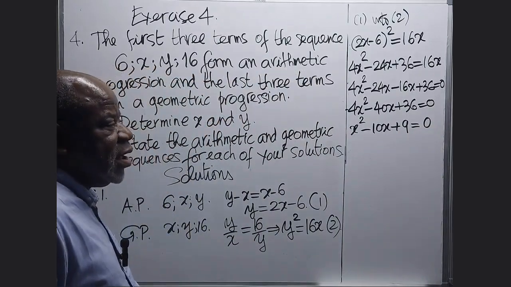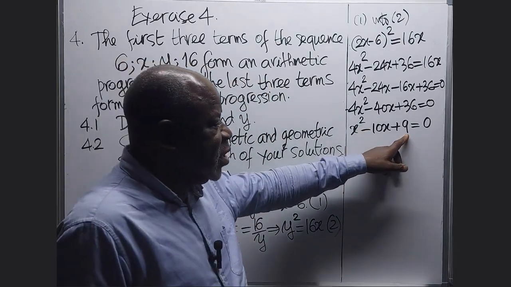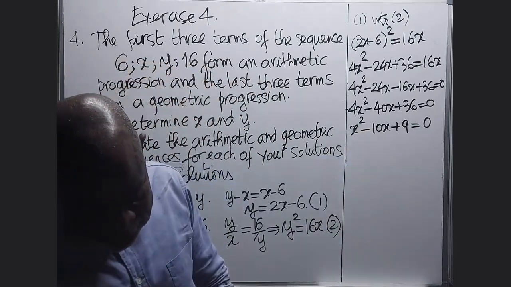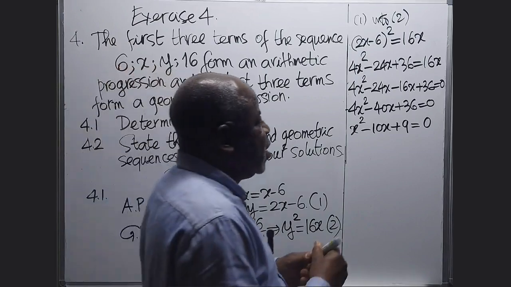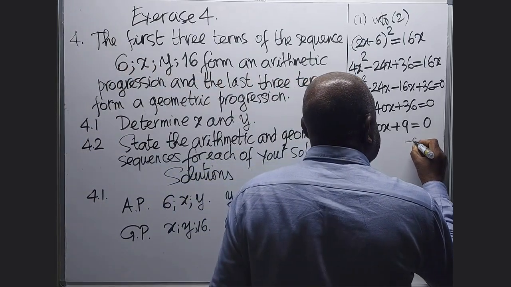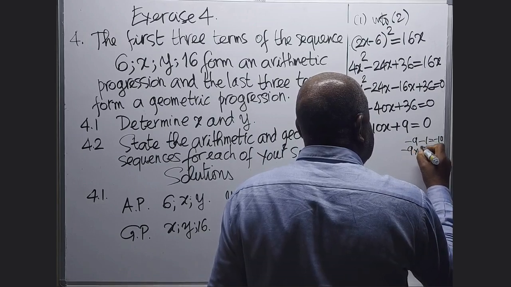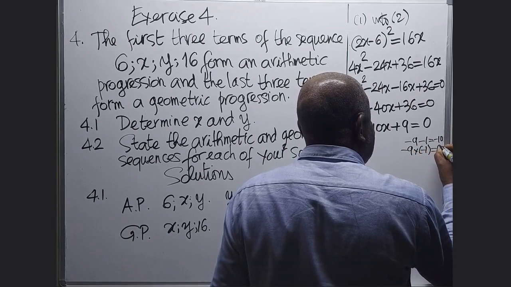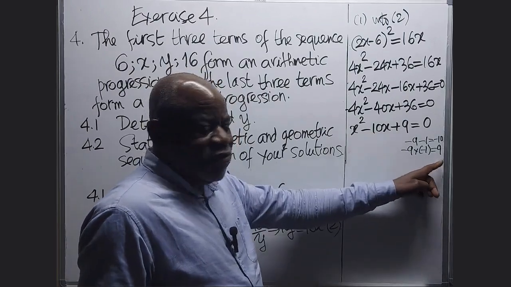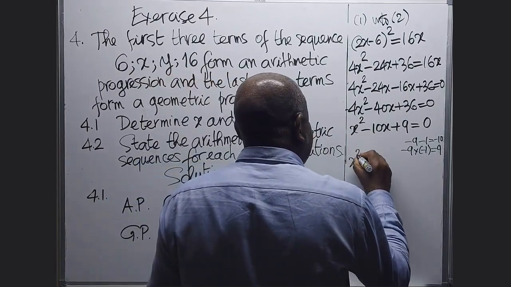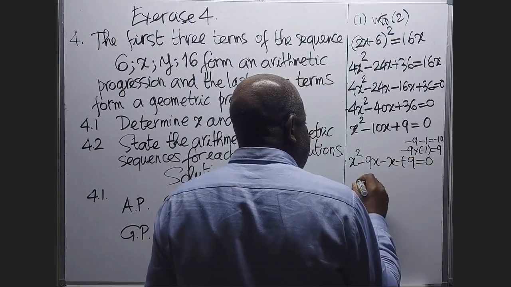We need two numbers whose sum is negative 10 and whose product is 9. These two numbers are negative 9 and negative 1. Negative 9 plus negative 1 gives negative 10, and negative 9 times negative 1 gives 9. So we have x squared minus 9x minus x plus 9 equal to 0.